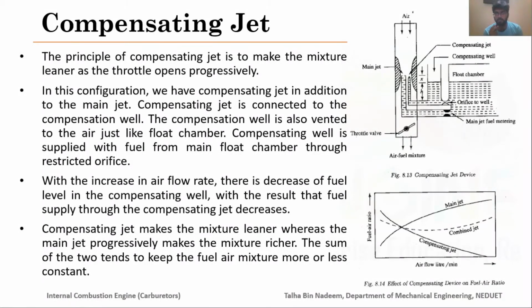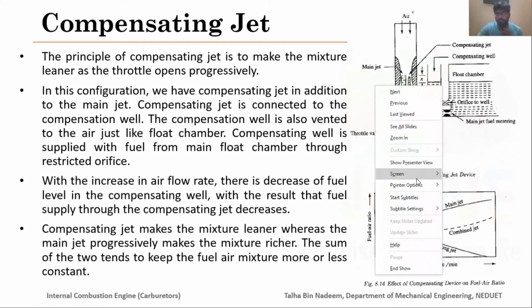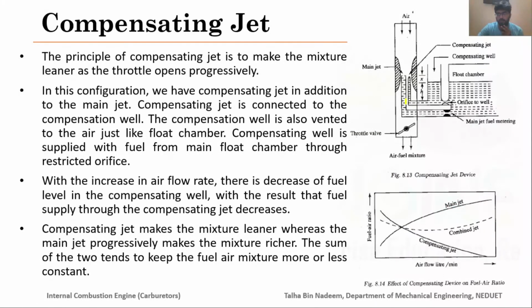Okay, so next, another compensating device which is employed in the carburetor is called the compensating jet. So here you can see that this is your main jet, and along with this main jet we have another compensating jet.